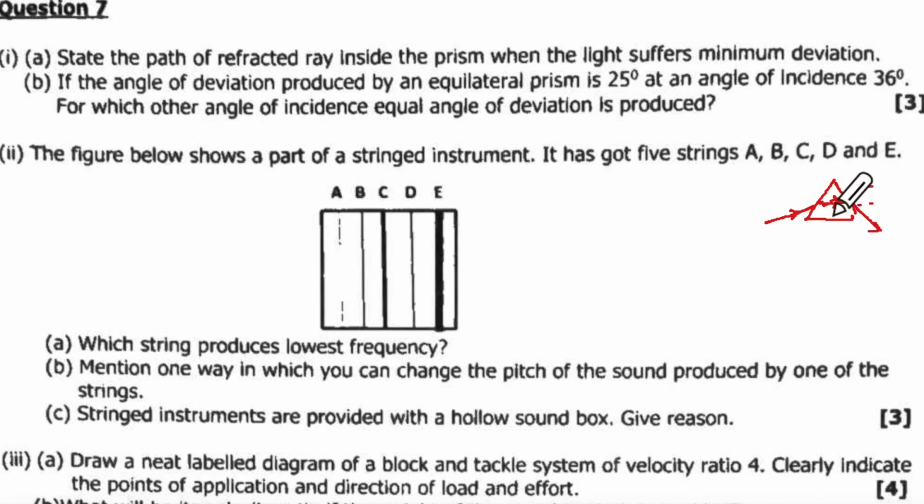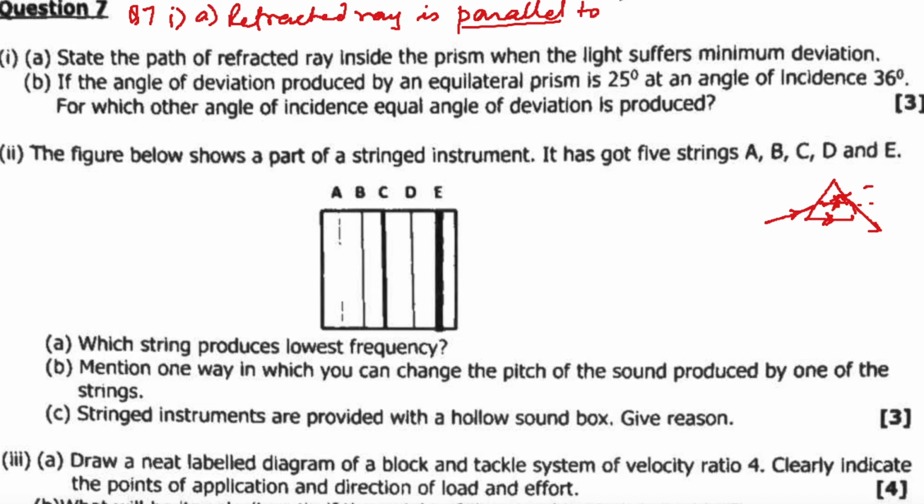So remember, when it is minimum deviation, the refracted ray is parallel to the base of the prism. So question 7(1)(a), we'll write it in short: refracted ray is parallel, underline the word parallel, to the base of prism.